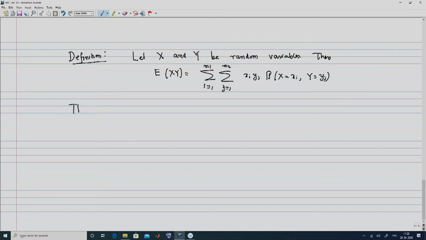The immediate consequence of this definition is the theorem pertaining to independent x and y.